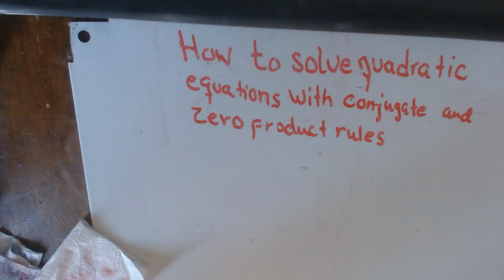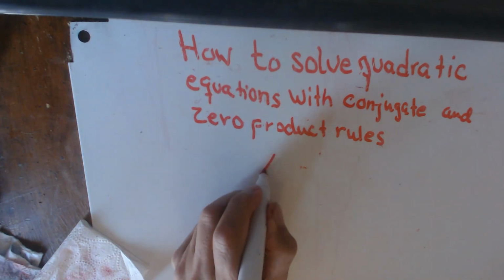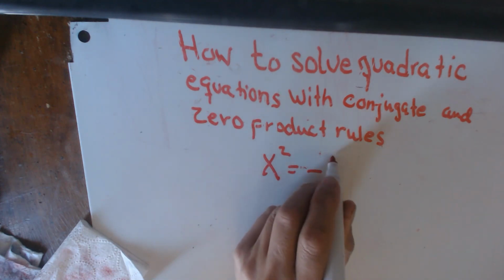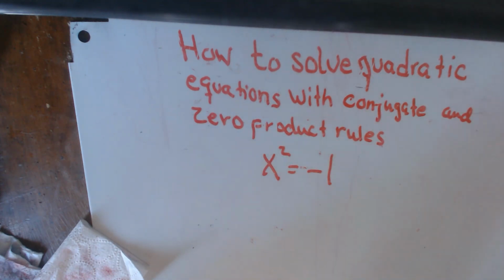The next example is a more delicate equation. It's an exquisite equation. It is very beautiful, and that goes x squared equals -1.